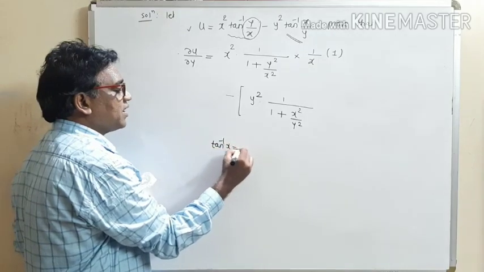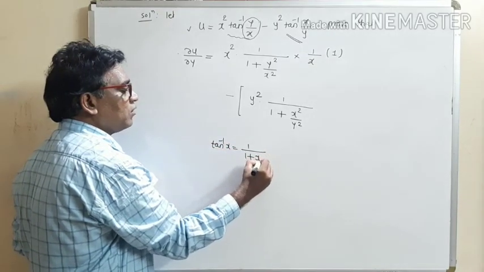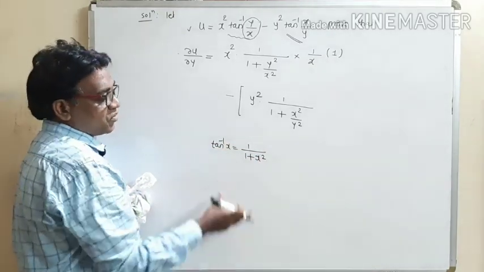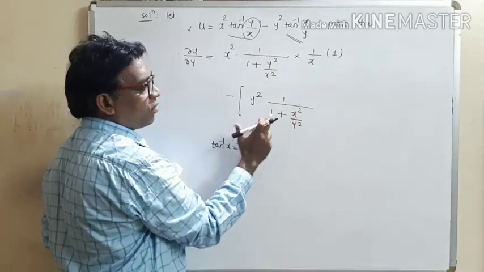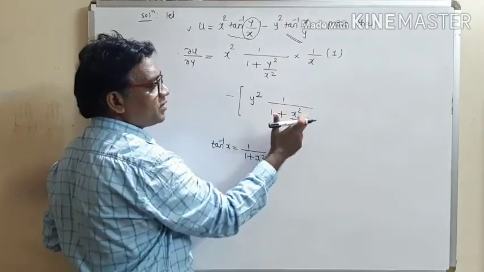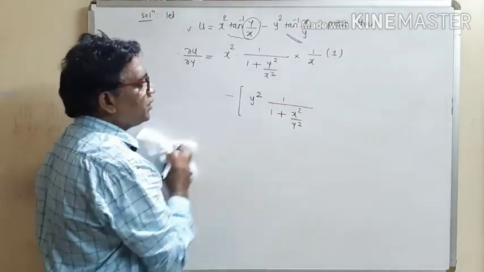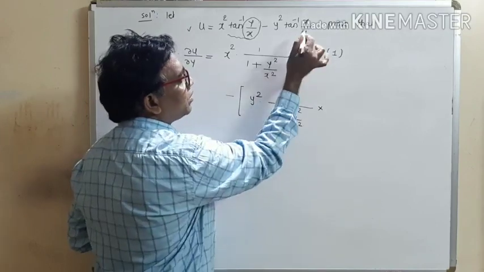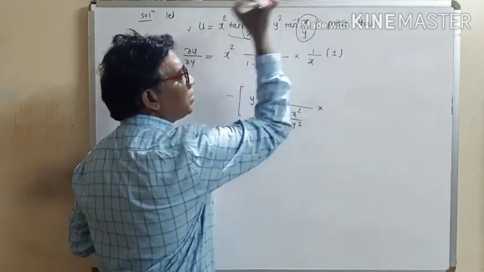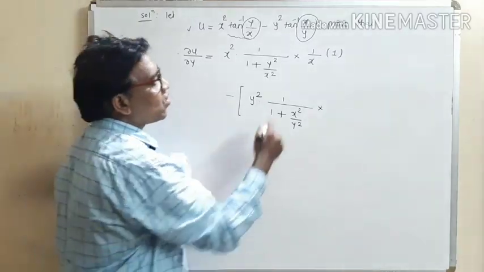Derivative of tan inverse x, it is given by the formula 1 upon 1 plus x square. So use this formula. Derivative of tan inverse is 1 upon 1 plus square of this term, it is x square upon y square, into, according to chain rule, multiply by derivative of this inner function by keeping x constant.